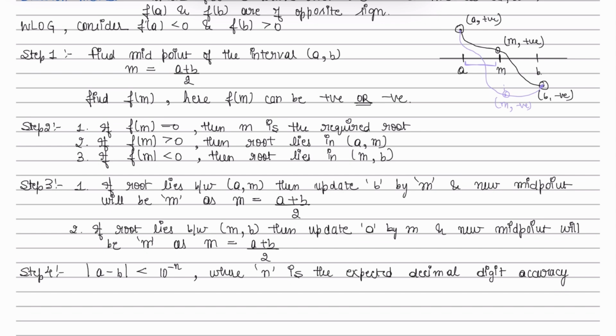If this inequality does not hold, then we repeat these steps until mod of a minus b is less than 10 to the power minus n.